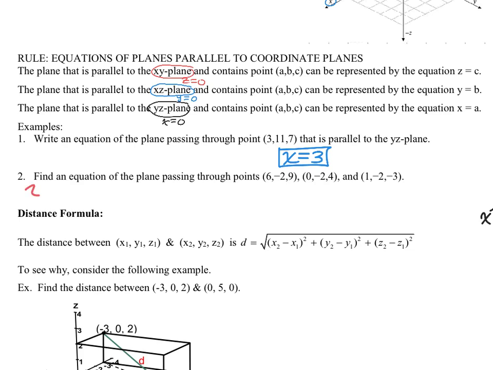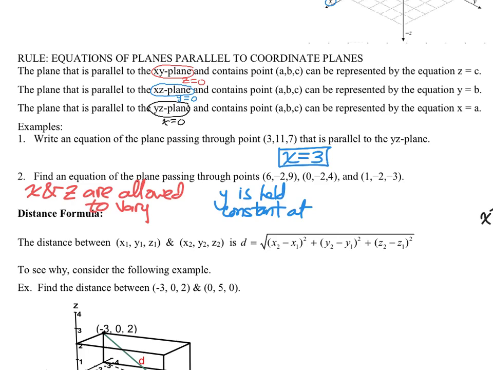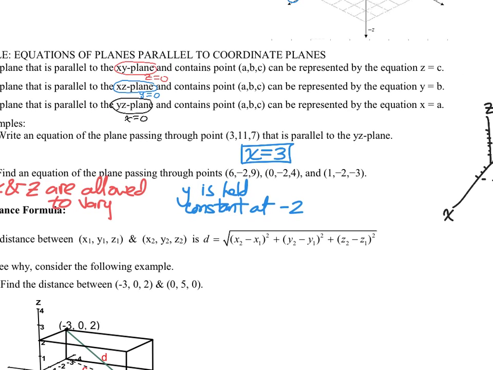X and z are allowed to vary, y is held constant at -2. All right, so this is indirectly saying that you're looking at something that's parallel to the xz plane.